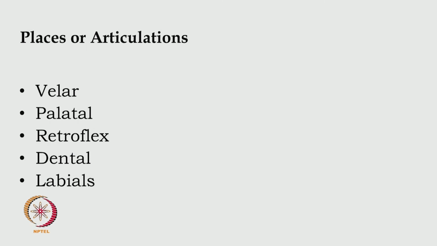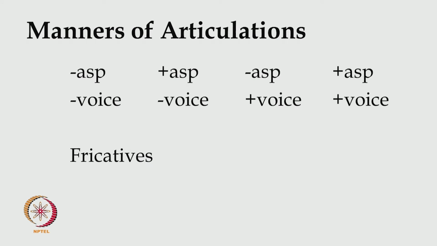We have looked at these places of articulation in detail and these manners of articulation in detail. There is one more part which I want to talk to you about, one more type of sounds, and they are fricative sounds. Okay?